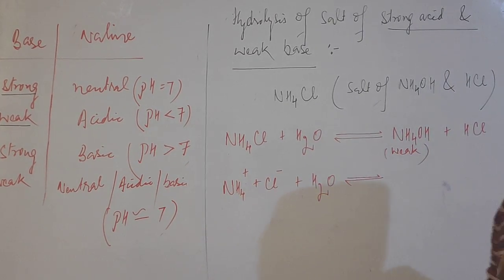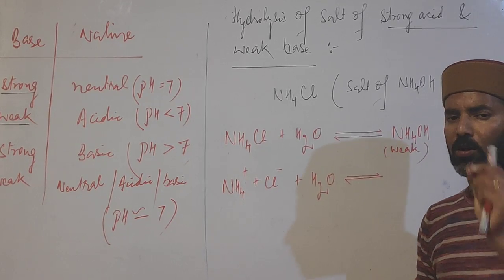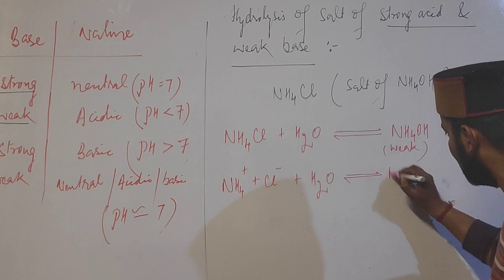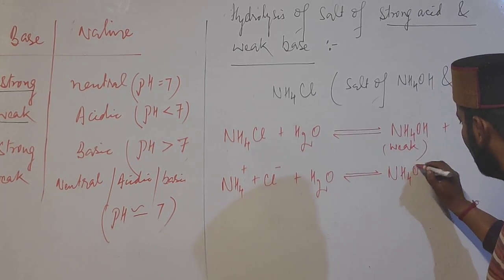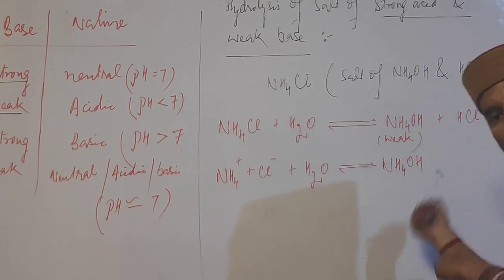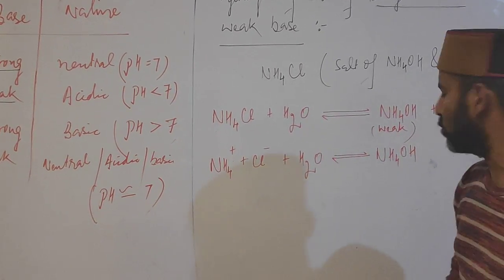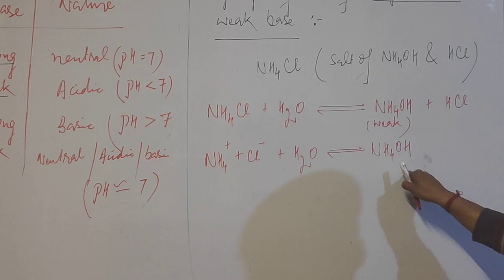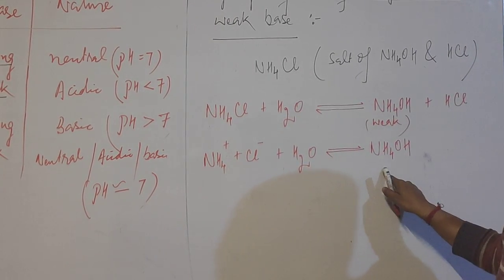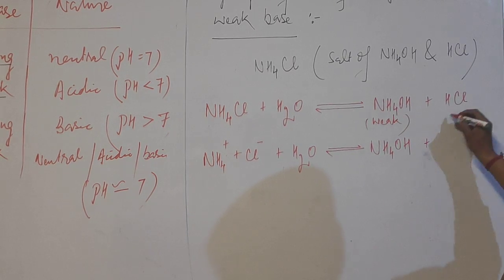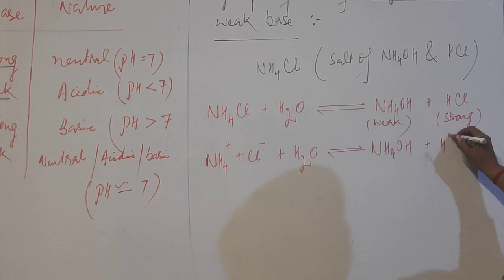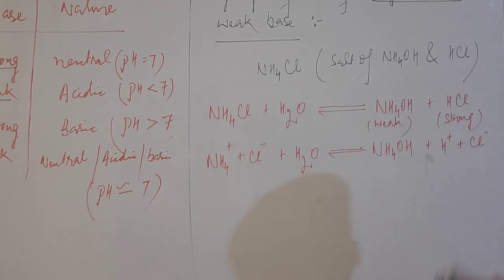A weak base means the one which undergoes dissociation or ionization to a very small extent. So I will assume that it is almost not undergoing dissociation. Though it will ionize a little, since the degree of dissociation is very small, I am not ionizing this ammonium hydroxide. But HCl, since it is strong, will undergo complete ionization into H positive and Cl negative.